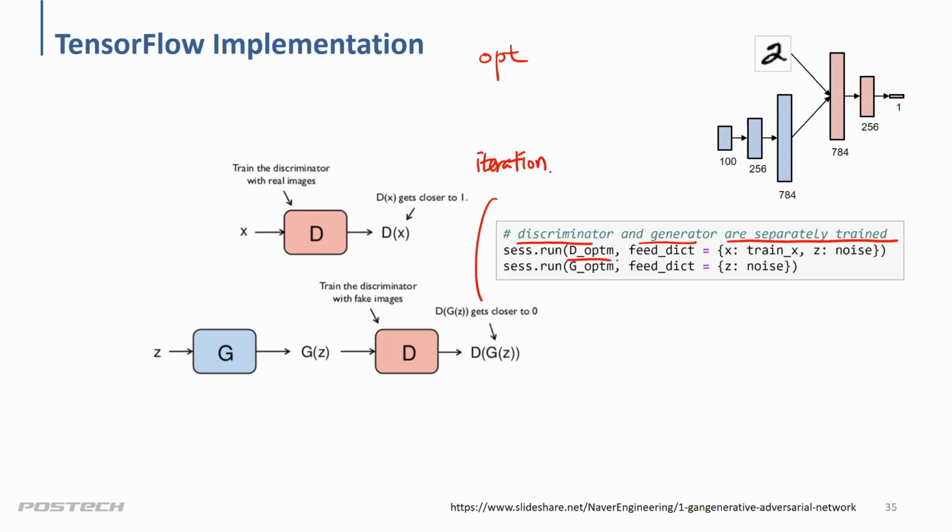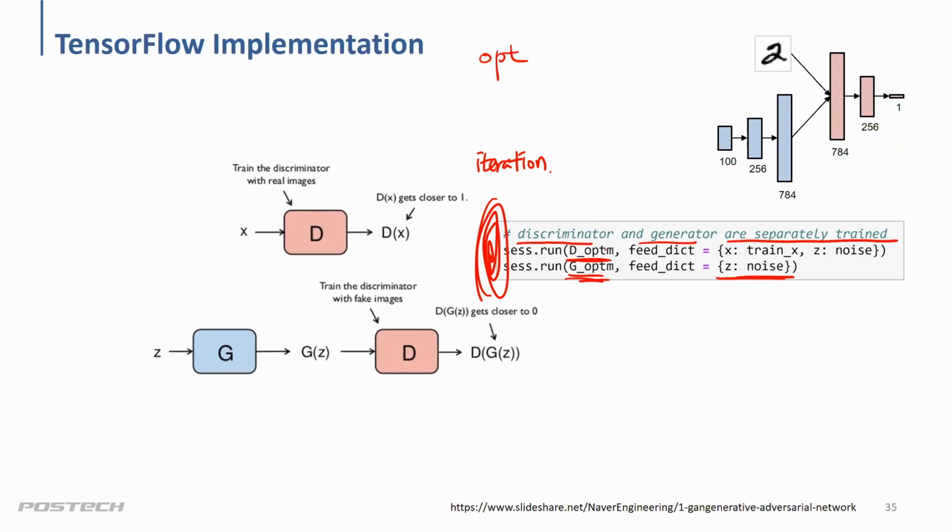Let's do the discriminator first, then the generator next, and we repeat it. For the generator, the only placeholder we need is the noise, the latent space.